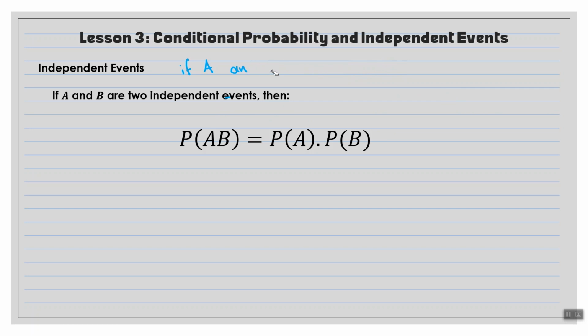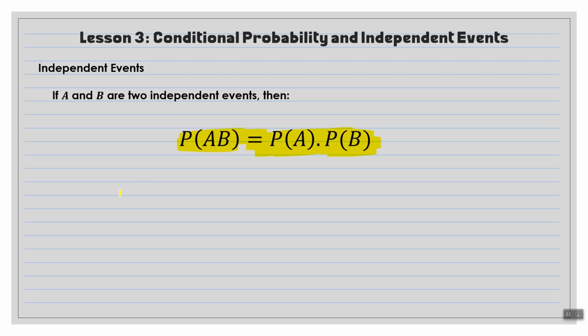So if A and B are independent events, then we can simply say that the probability of AB is equal to the probability of A times the probability of B. So this multiplication happens only if the events are independent. This kind of reminds us of the mutually exclusive events.